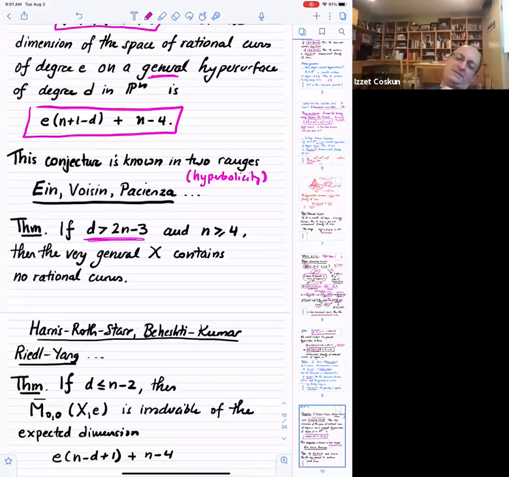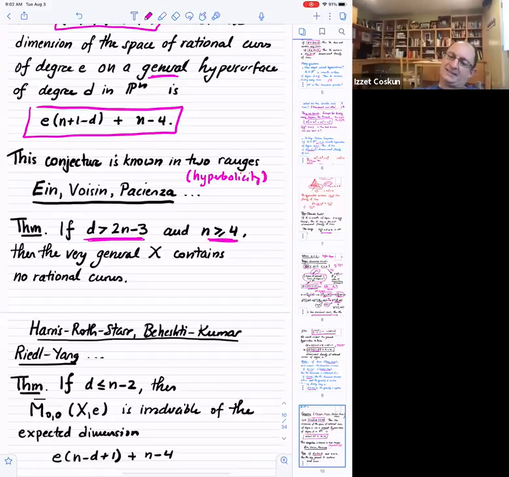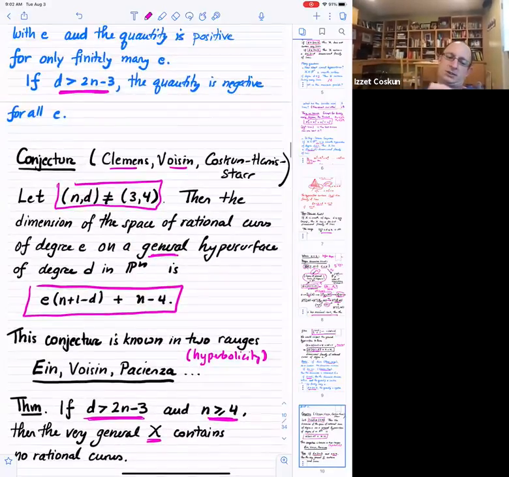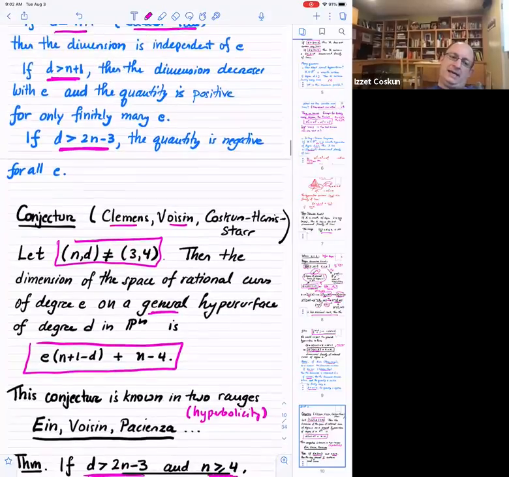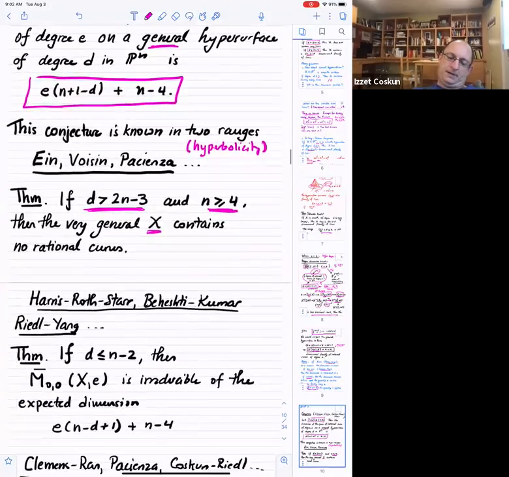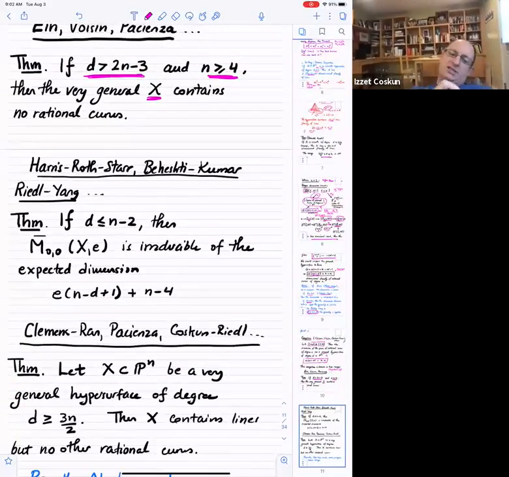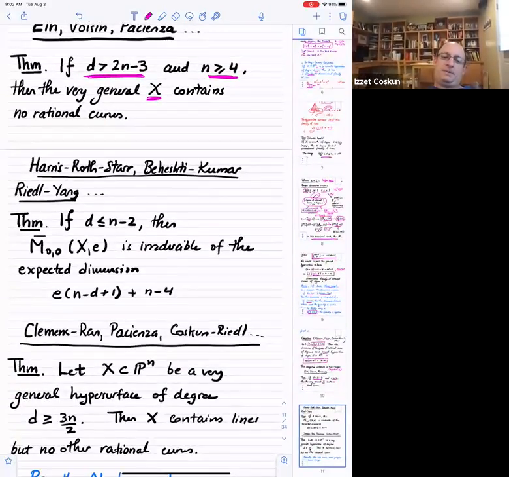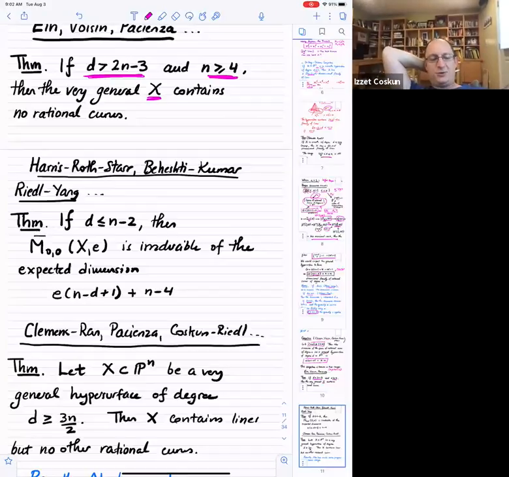But the basic theorem here is that if d is at least 2n - 3 and n is at least 4, then the very general hypersurface contains no rational curves whatsoever. So in other words, this conjecture is correct in this range. Then there is the Fano range, and this is a theorem of many people: Harris, Roth, Starr, Beheshti, Kumar, Riedl, Yang.